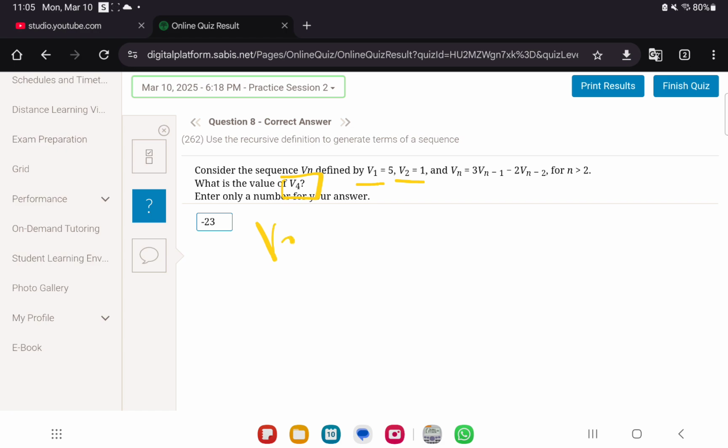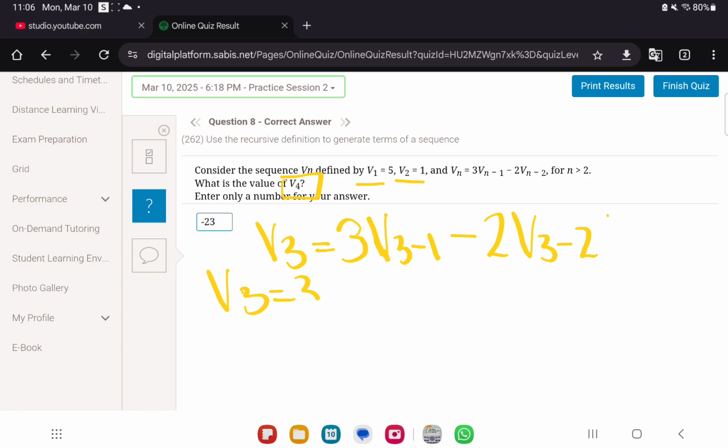Okay, so V3, fill it into the formula. So 3 times V of 3 minus 1 minus 2 times V of 3 minus 2. Now it becomes V3 equals 3V2 minus 2V1, and that's why you need the numbers before it.